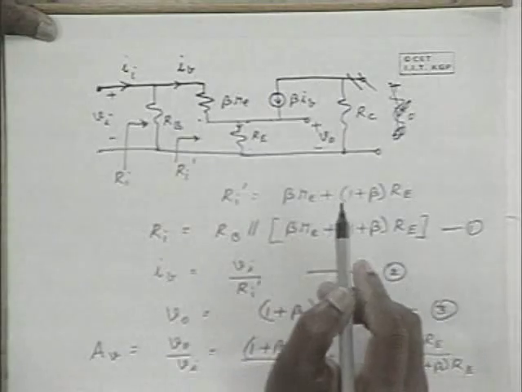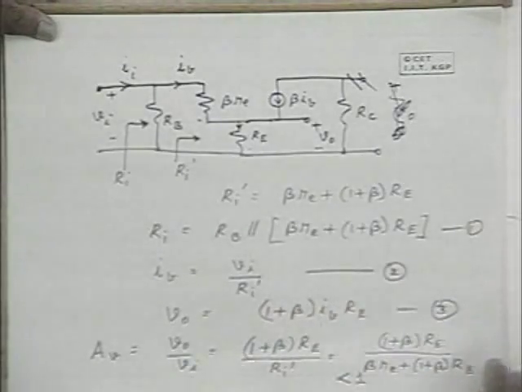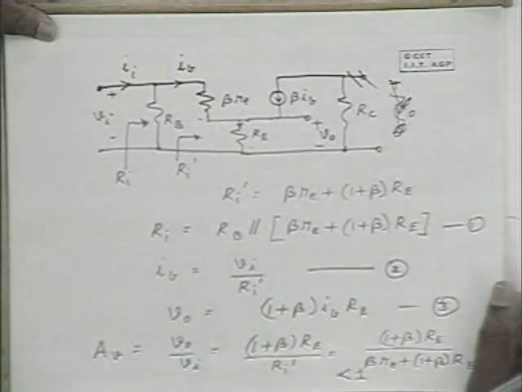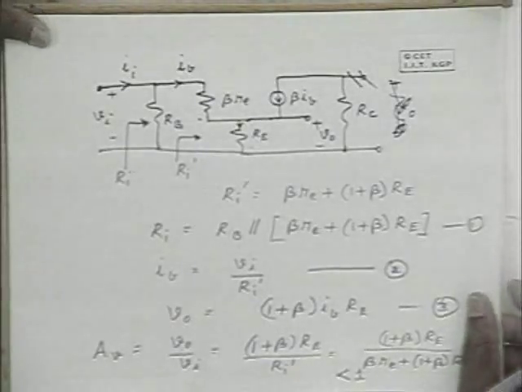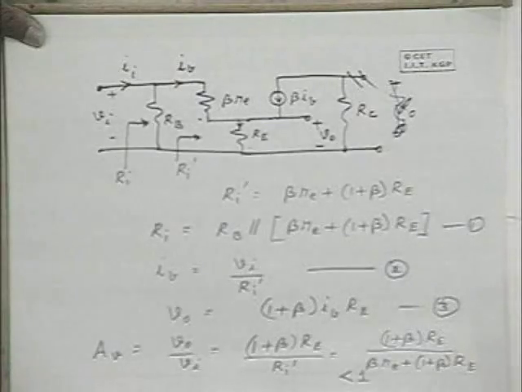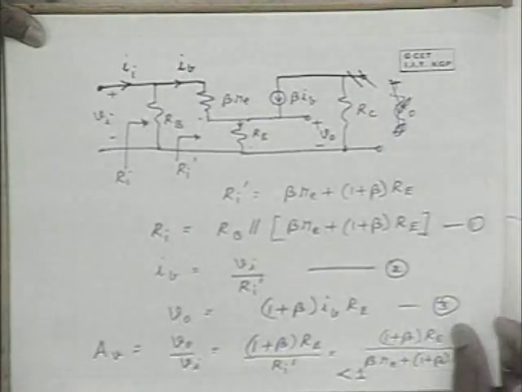Therefore, the current gain is 1 plus beta, which is of the order of 100 typically. Therefore, you will get a current gain of the order of 100 in this configuration, whereas the voltage gain is almost unity.